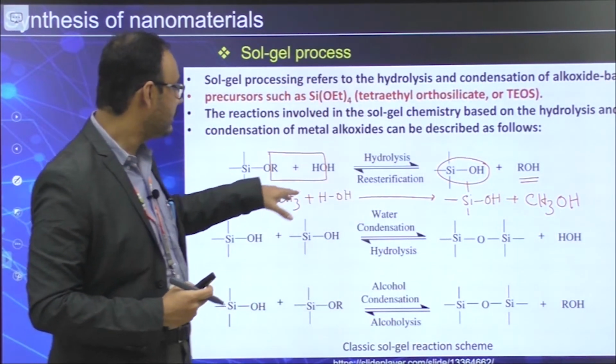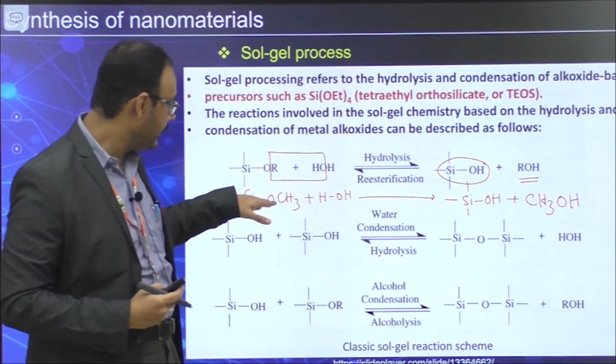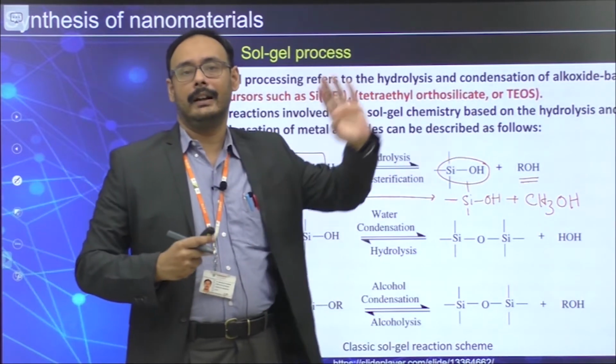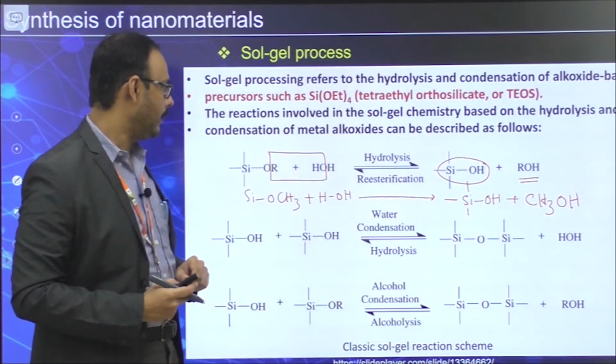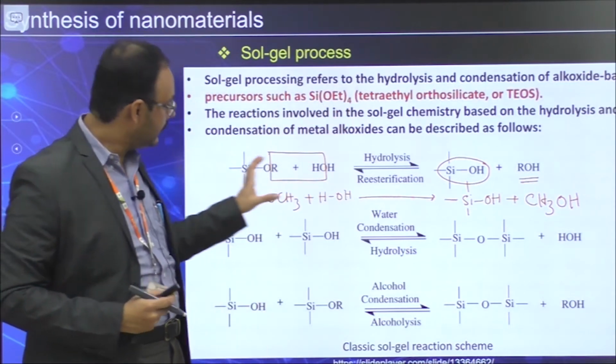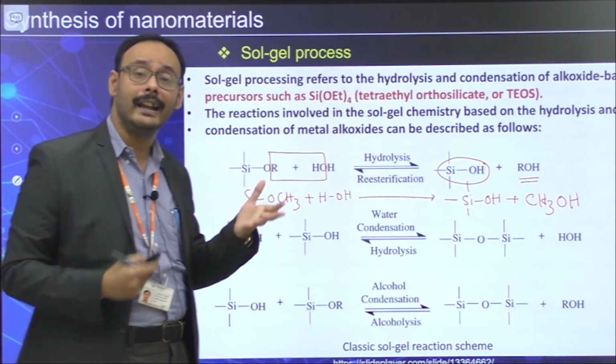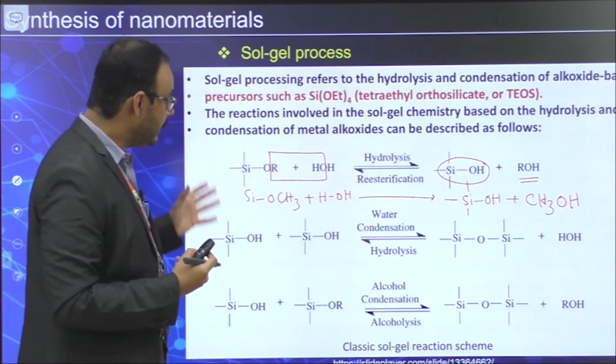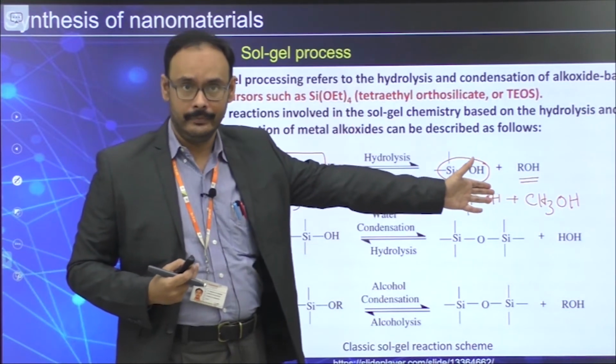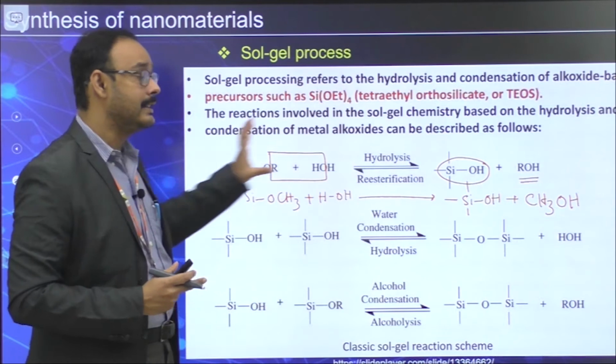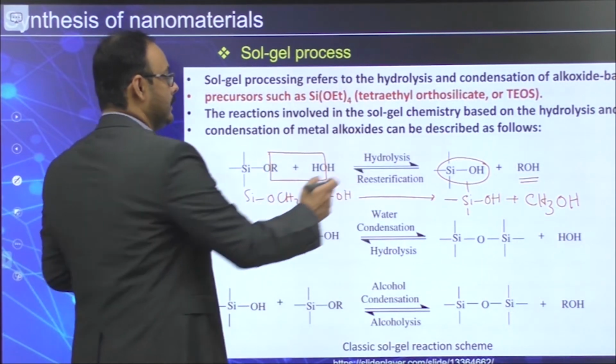Similarly, if it has an ethyl group here, it will form ethanol. So whatever groups we can have at this stage, depending on the reaction conditions, there is a possibility that you can hydrolyze them. Okay, that's the first step, that is the hydrolysis part.